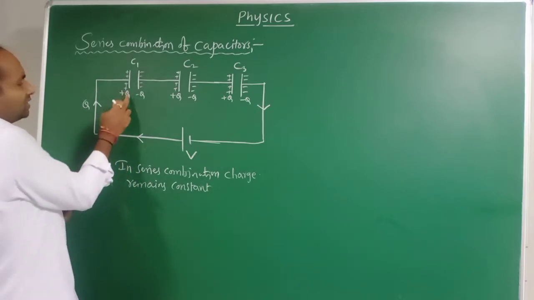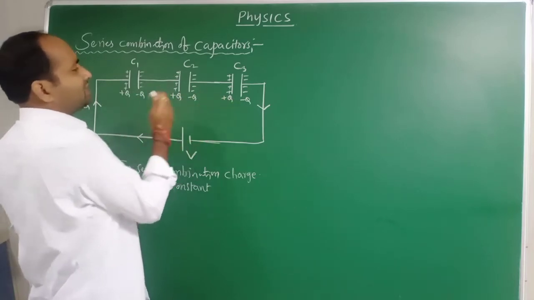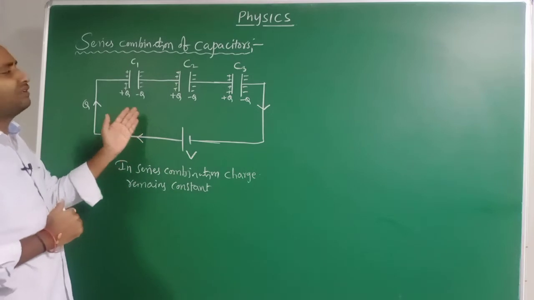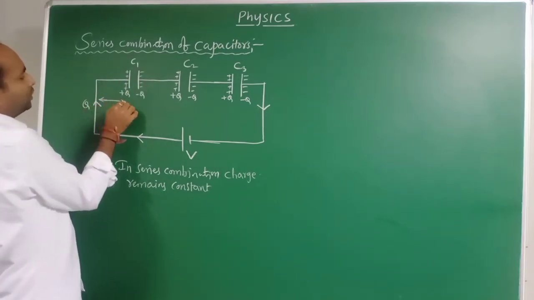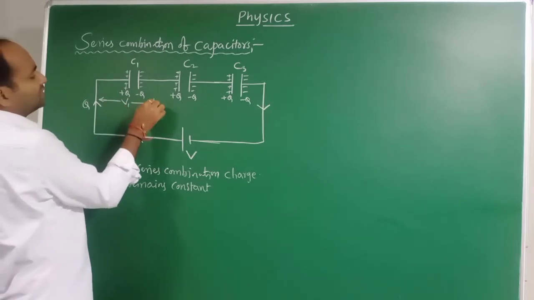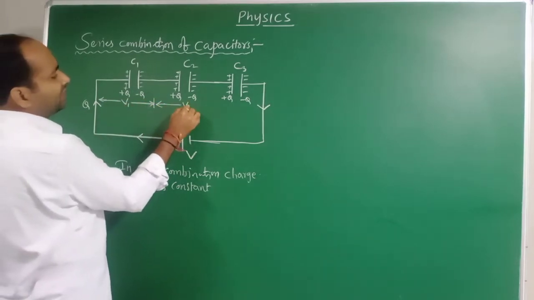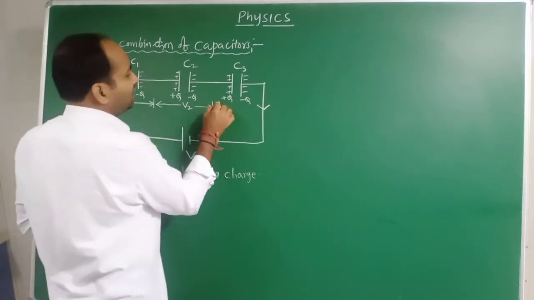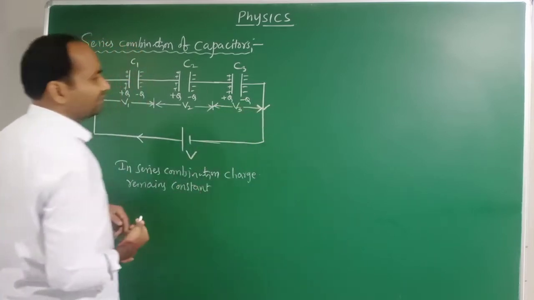Here the charge of the first capacitor, second capacitor and third capacitor remains the same. But the potential difference will be different. Let V1 be the potential difference between the plates of the first capacitor, V2 the potential difference between the plates of the second capacitor, and V3 the potential difference between the plates of the third capacitor.